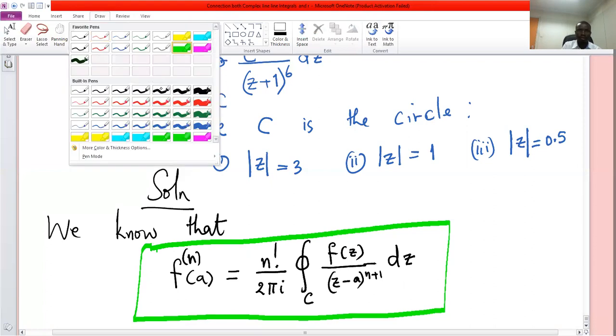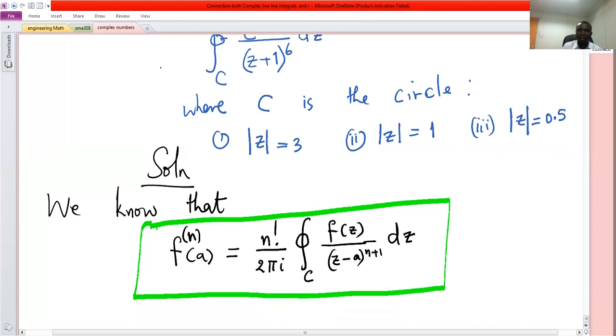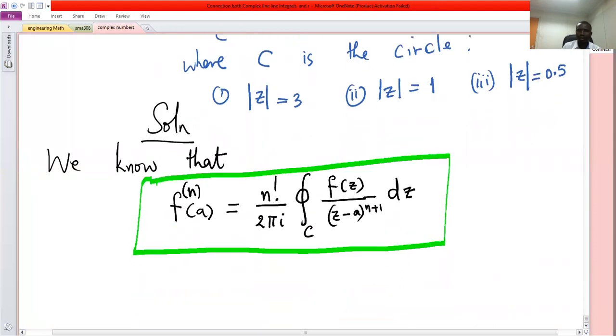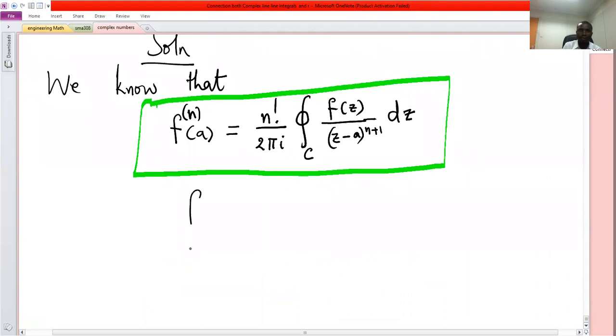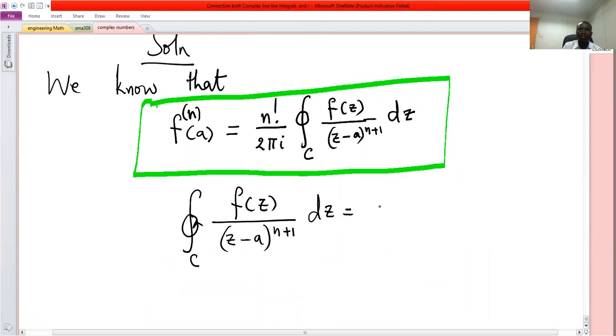From this formula, you can deduce that when you have the integral along a curve C, f of z over z minus a to the power n plus 1 dz, it is simply the same as, multiplying both sides by 2 pi i and dividing by n factorial, the nth derivative of the function at the point z equals a.